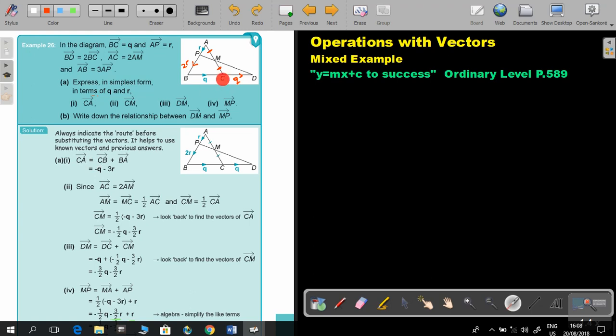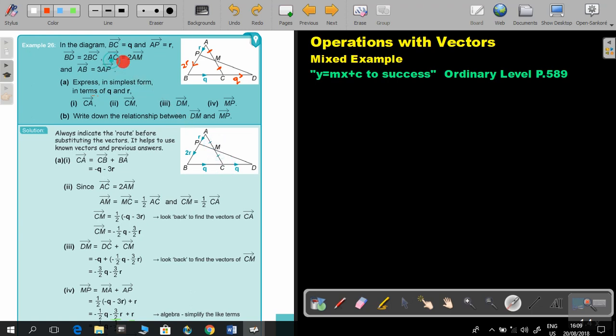So what was the route of CA? It will be CB plus BA. So this will be minus Q because it's in the opposite direction. And this is 3R, so in the opposite direction, it will be negative 3R. Okay, it's unlike terms, so just leave it like this. Then the next one, CM.